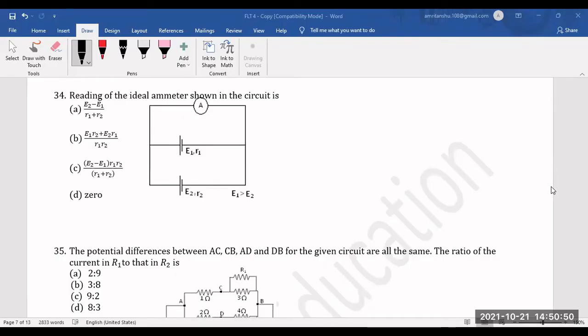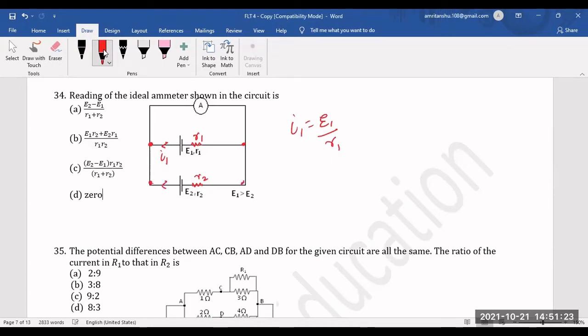So in question number 34, please look very carefully. Let me also make some resistance R1 here and another resistance R2 over here. Now when I consider only this branch, because this ammeter is an ideal ammeter, the current that goes to this branch because of this battery will be, let's say, I1. So I1 will be E1 by R1. Now also this battery is connected to this ammeter.